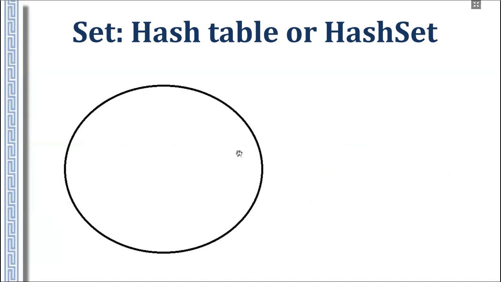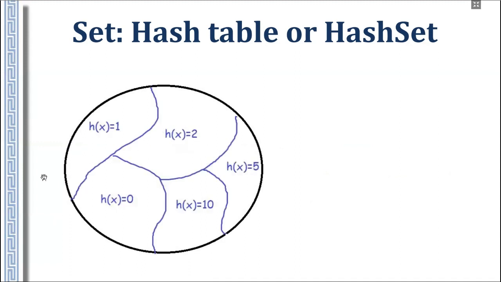How do we fix this issue? If we consider our set, our bag, we can say that some objects in our bag have one hash value, other objects have a second hash value, and so on. For example, we have hash values 1, 0, 2, 10, and 5.